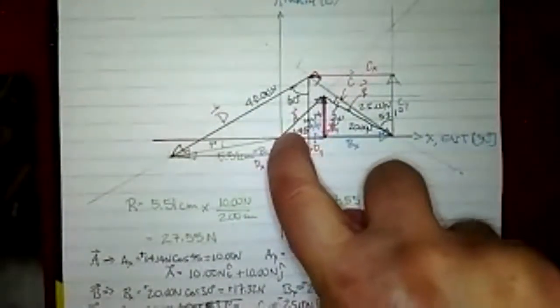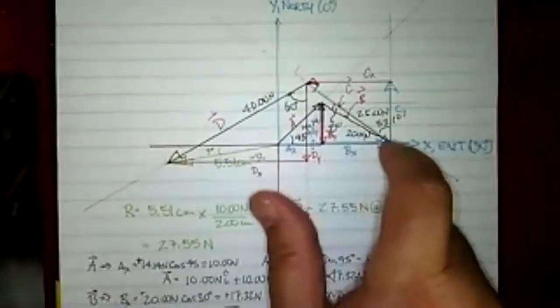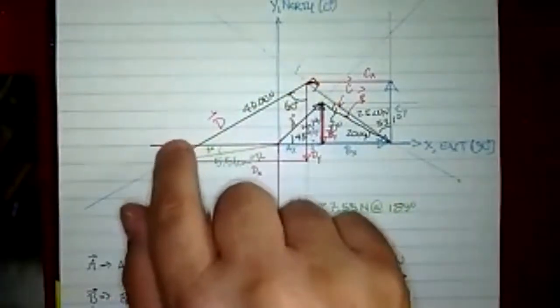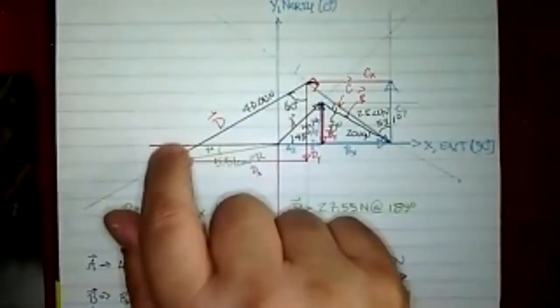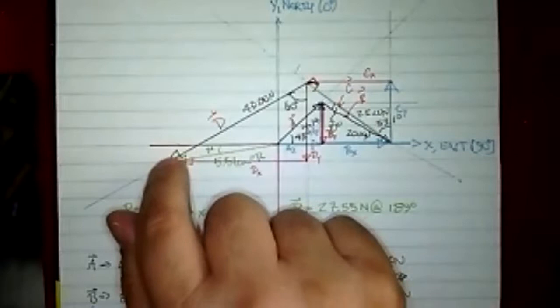I just connected them, put the tail of the first one down, and then drew another coordinate system at the head of the first one, and then drew the second one, and then drew another coordinate system at the head of the second one, and then drew the third one, and then drew another coordinate system at the head of the third one, and then drew the fourth vector, and then the head of the last one, of course, is the end.